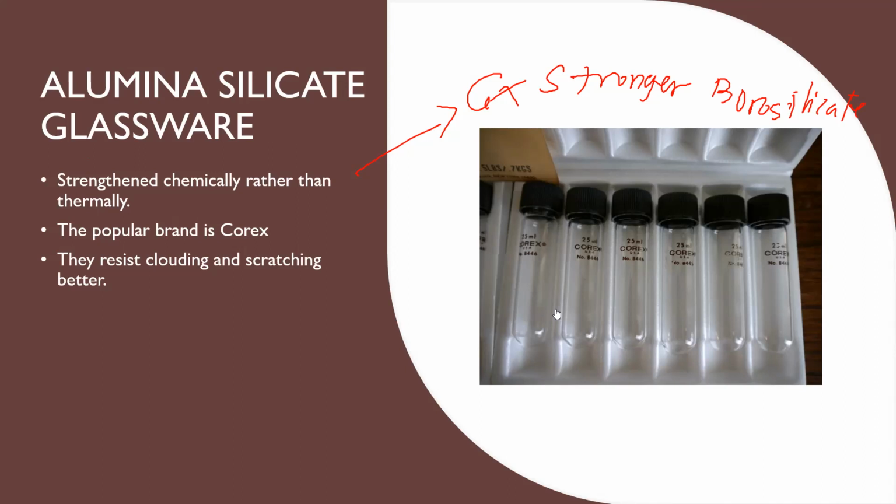Example of alkaline solution is your sodium hydroxide solution that can be used in titration processes. Okay. Next, aluminasilicate glassware possesses half of the thermal resistance of the borosilicate glass. Kasi nga, sabi natin, this is strengthened chemically but not thermally.